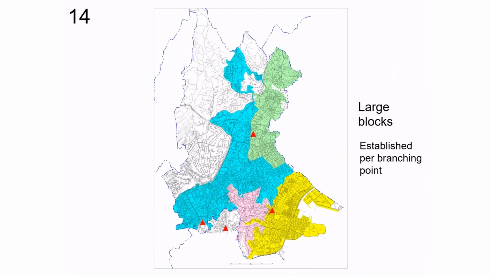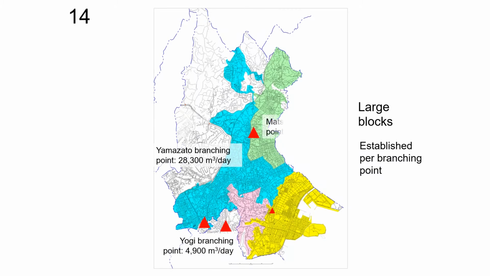In the Okinawa City distribution block system, civilian areas are divided into 4 large blocks. Each of the branching points has a 300 mm to 600 mm nominal diameter meter. The meters tell us how much water is distributed to each of the large blocks.